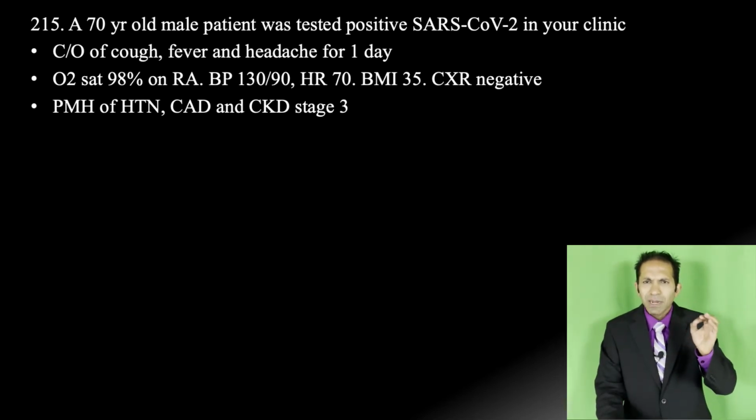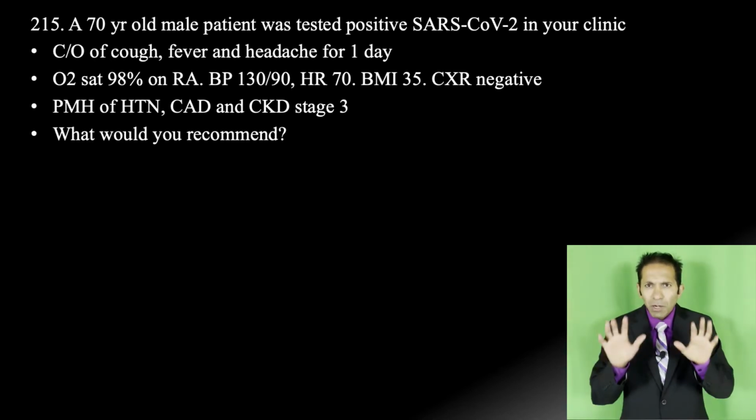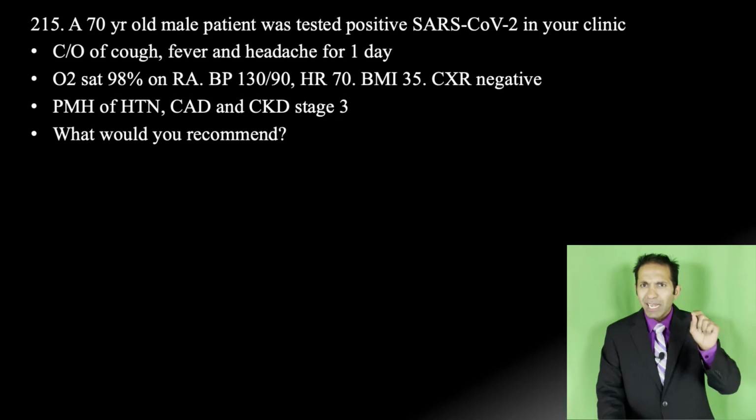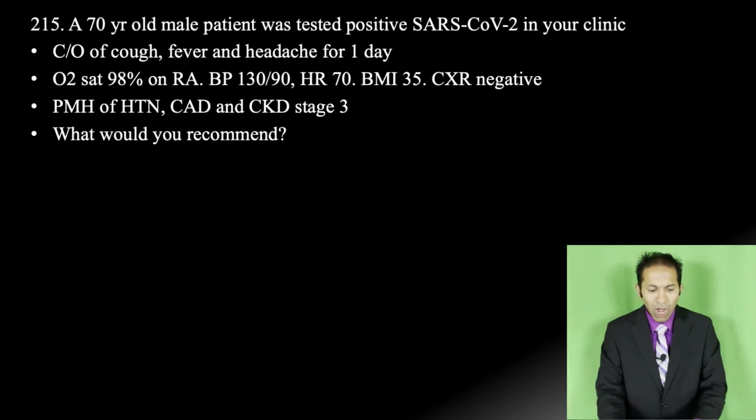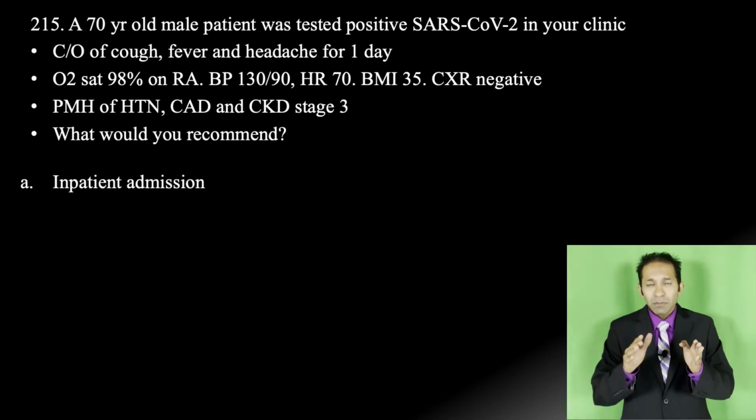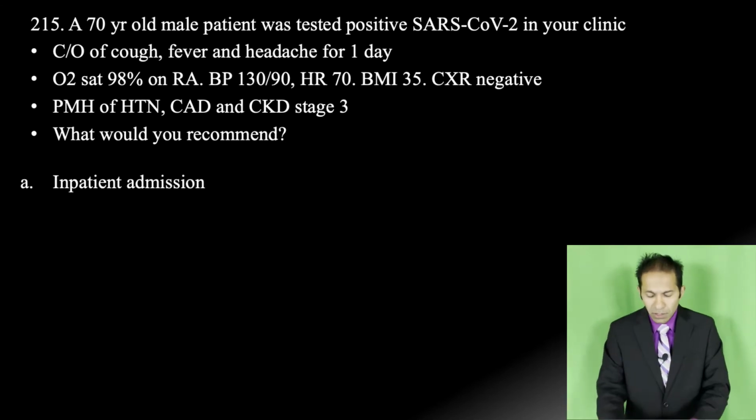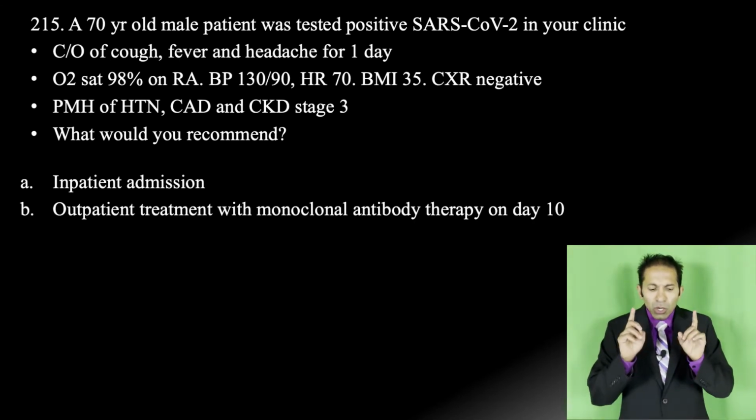He has a past medical history of hypertension, coronary artery disease, and CKD stage 3. What would you recommend? So this patient has mild disease. What would you recommend? Option A, you ask him to go to the ER for inpatient admission. Option B, you start him on outpatient treatment with monoclonal antibody therapy on day 10.